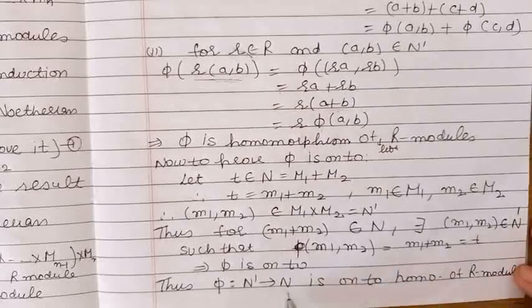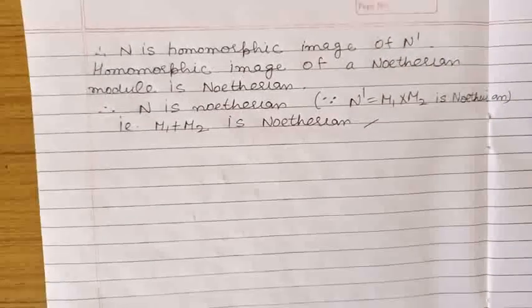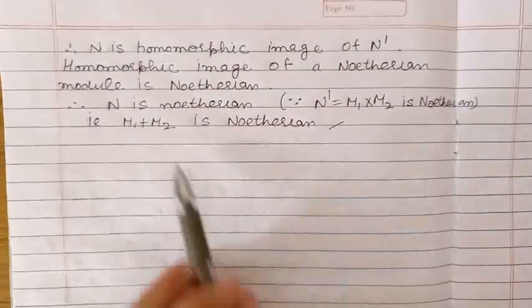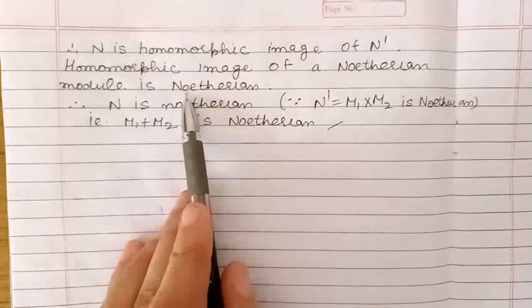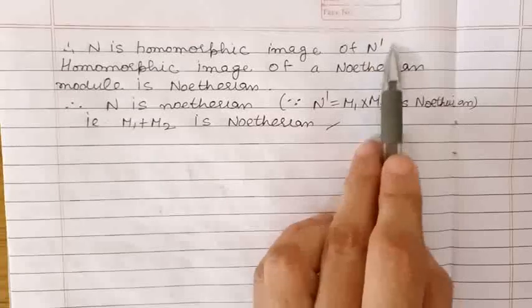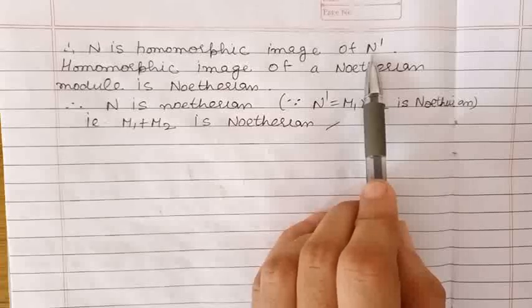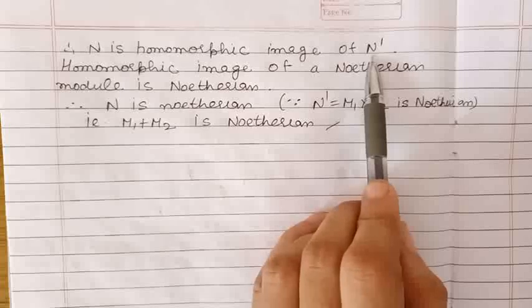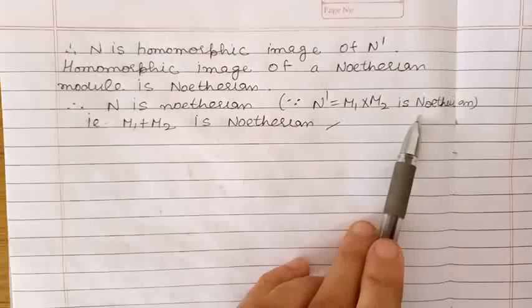So we can say that N is a homomorphic image of module N dash. Now, we have already proved that the homomorphic image of a noetherian module is noetherian. Because the module N dash, that is the direct product of modules M1 and M2, and we already discussed that the direct product of noetherian modules is noetherian, we can say that module N dash is noetherian.